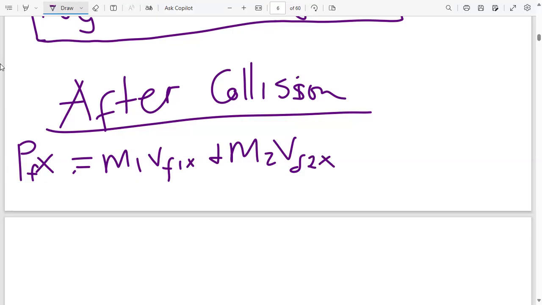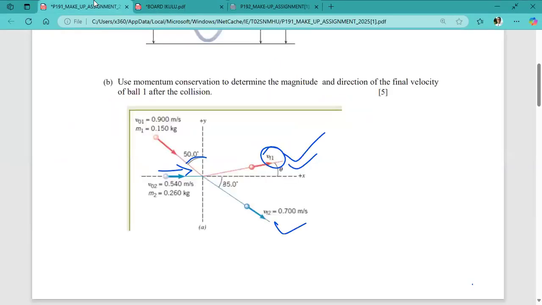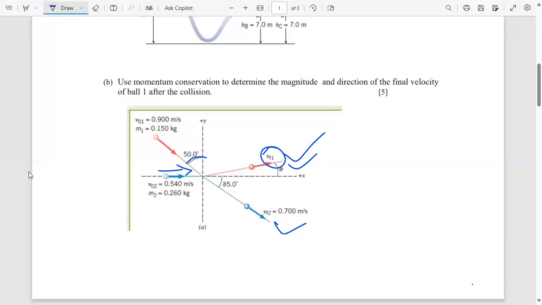Okay, so if we look at our diagram again on the final side, this is the data that we have on mass number 1 here, whilst we also have these on our mass number 2. So we've been given the final velocity of ball number 2 and its direction below the positive x-axis, whilst we are looking for this one.